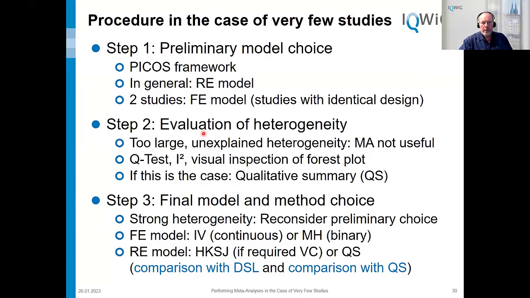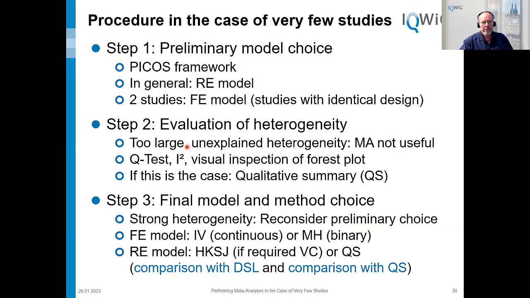Then step two, of course, we evaluate heterogeneity. This is a mandatory step in any meta-analysis. Of course, the best thing is if you can explain heterogeneity and split the whole study pool into subgroups, for example. But here I consider the case that the attempt to explain heterogeneity is already performed, and we only have unexplained heterogeneity.